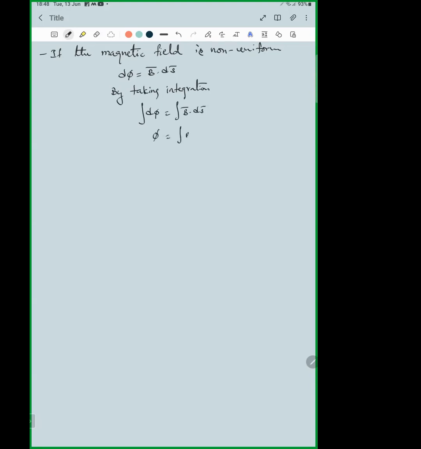If the magnetic field is non-uniform, you have to take d phi is equal to B bar dot ds bar. By taking integration, integral of d phi is equal to integral of B bar dot ds bar, that is, phi is equal to integral of B bar dot ds bar.